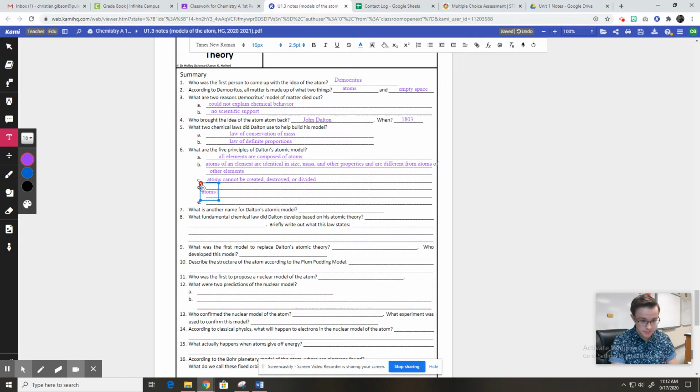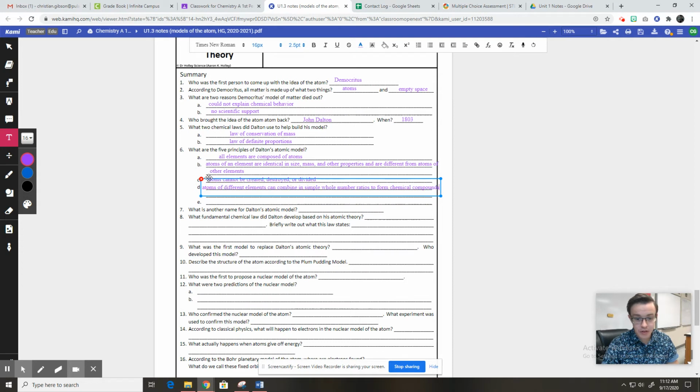And atoms of different elements can combine in simple whole number ratios to form chemical compounds. That is also true.